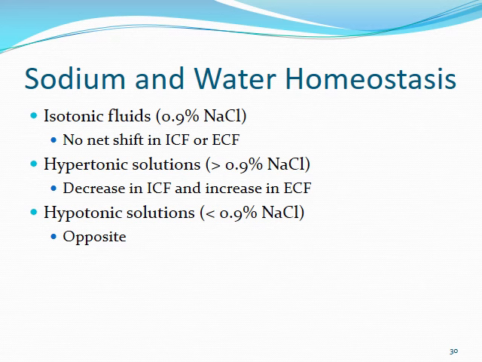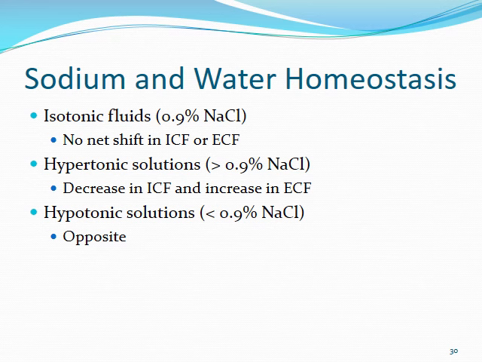Looking at hypertonic solutions, where you have things that are higher percentage than 0.9% sodium chloride, say for instance you had a trauma patient who's having cerebral edema, you'd want to use a hypertonic solution, something like 3% sodium chloride. What this is going to do is have a higher solute concentration within the serum, and that's going to draw water out of the intracellular fluid and cause an increase in the extracellular fluid.